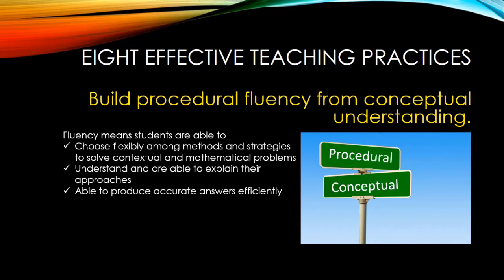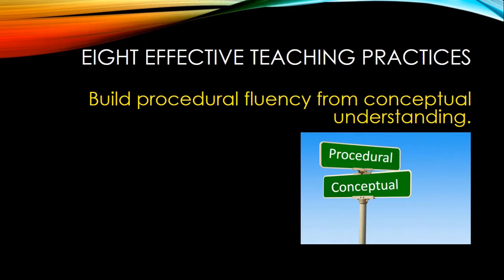When the procedures are connected with the underlying concepts, students have a longer retention of the procedures and can apply them in new situations. So how do we build procedural fluency from conceptual understanding? We build the procedural fluency from conceptual understanding using a sequence of task and learning experiences.